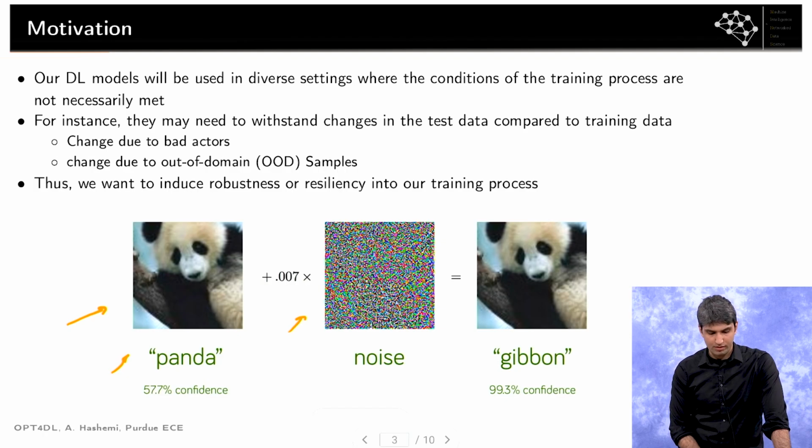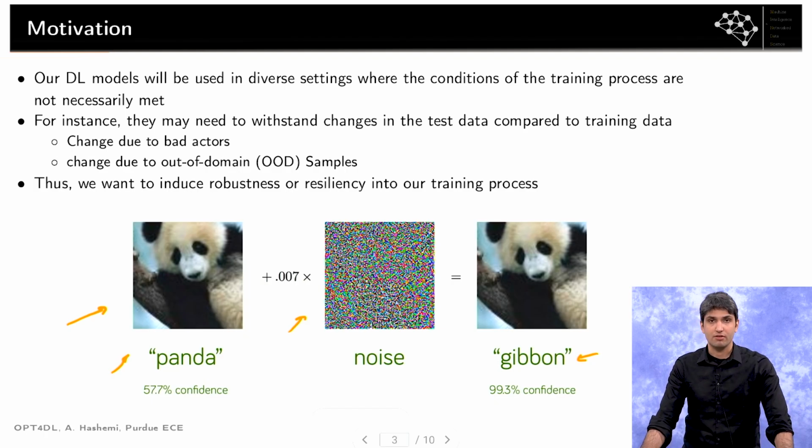In this example, instead of predicting the label to be panda with significant confidence, it's going to predict gibbon, another animal, with a significantly large confidence. So the model is going to be confidently incorrect.